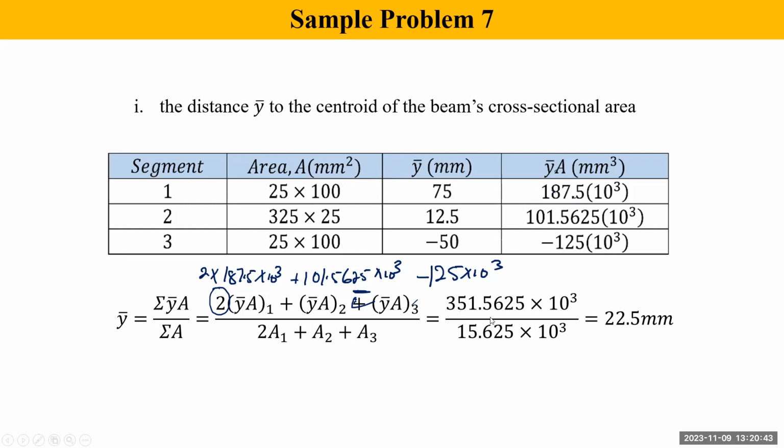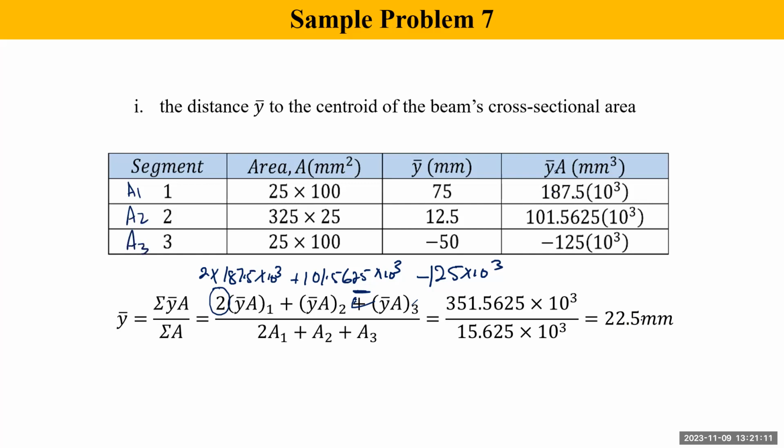All right, I want you generally to try it. So this one, of course, you would have double the area again, plus this one here, 325 times 25, plus the last one, which is A3. So these are segment 1, as I told you already. You could call this A1, A2, A3.